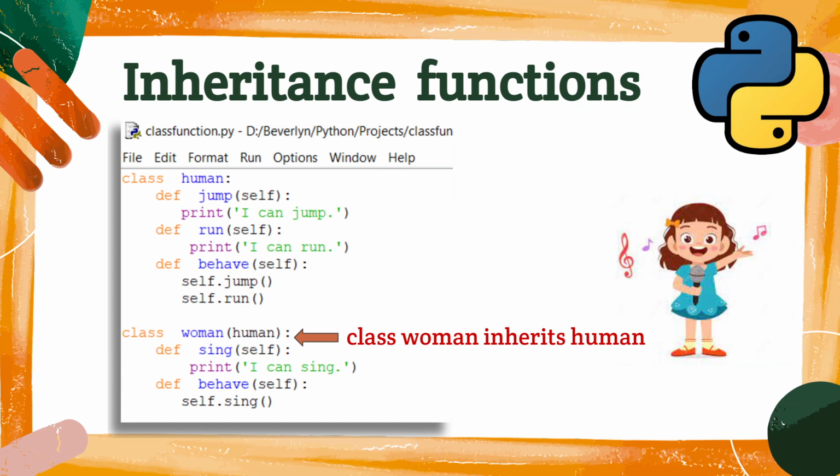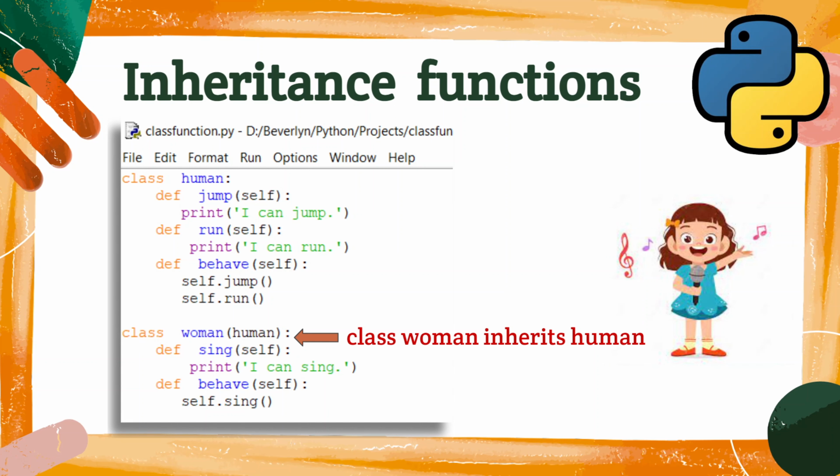We talked about parent and child class in the earlier tutorial lesson 9. So, you can understand that this sample code has a class woman and woman is a child class that inherits parent class human. In the child class woman, I define two functions. One is sing function, but it does not exist in its parent class human. The second function, behave, does exist in its parent class human.